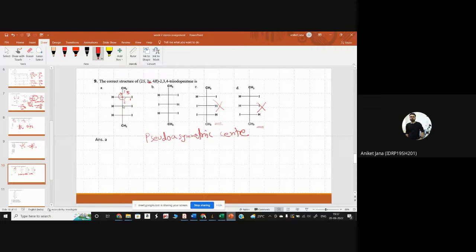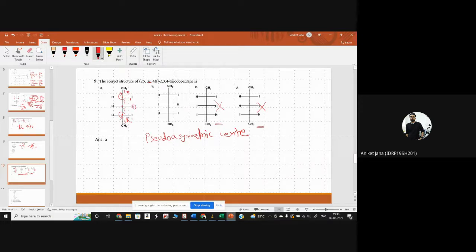So can we assign this carbon now? Yes, we have to assign this carbon first, which is R configuration. And if we now consider this one, iodine is the first priority.